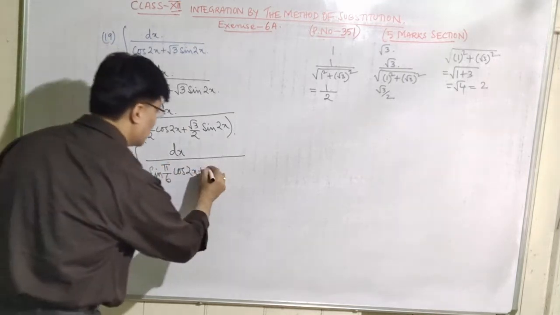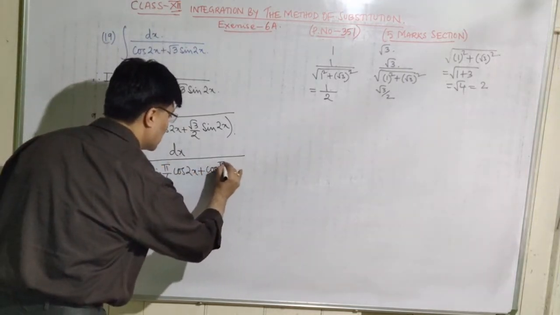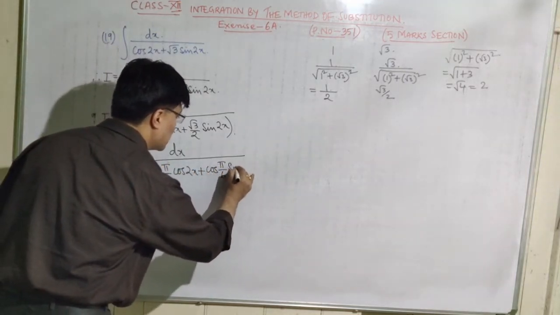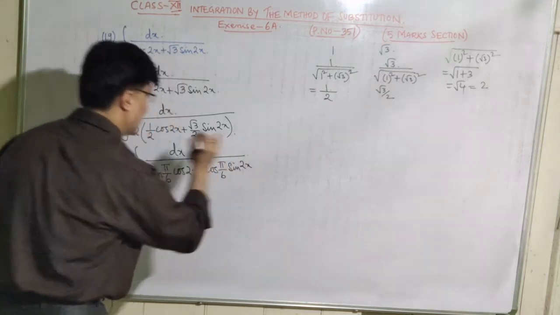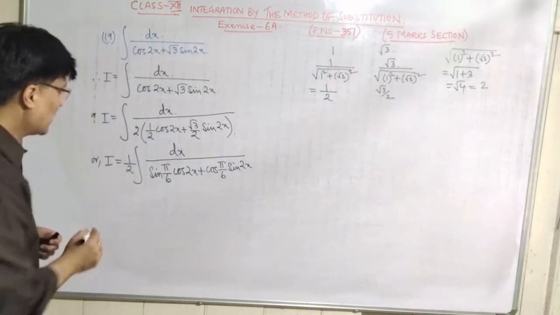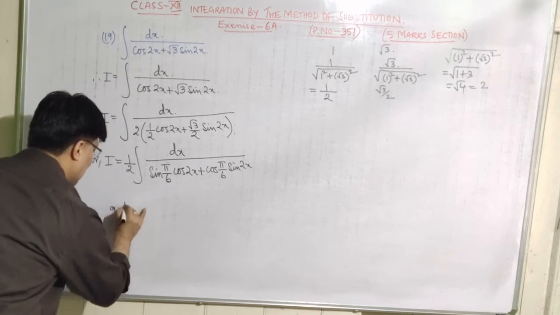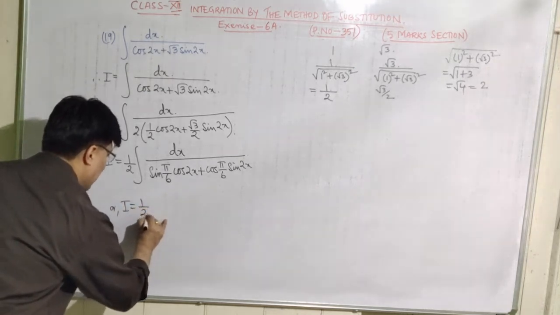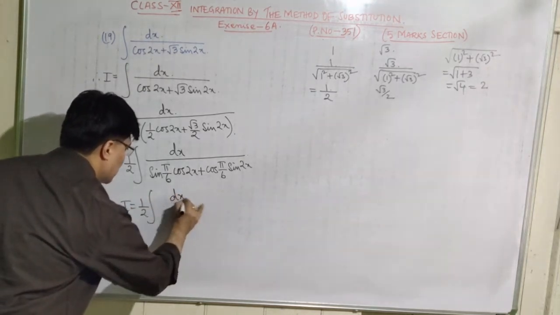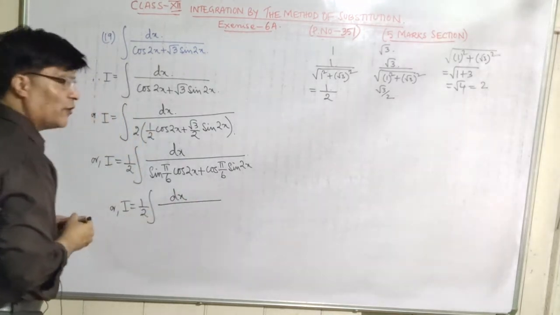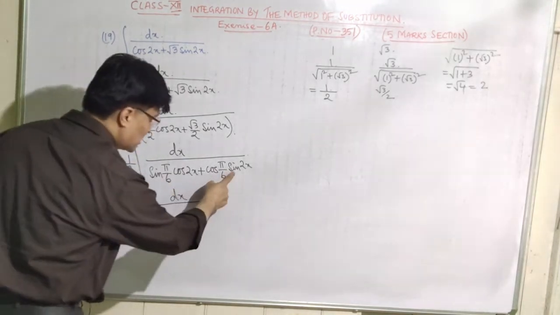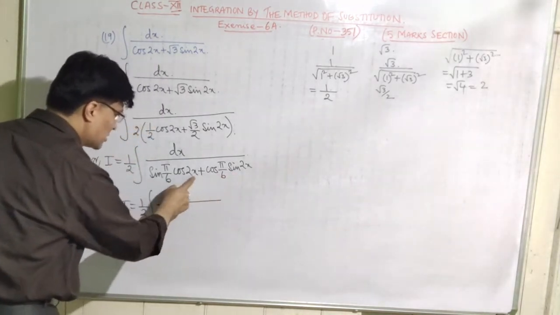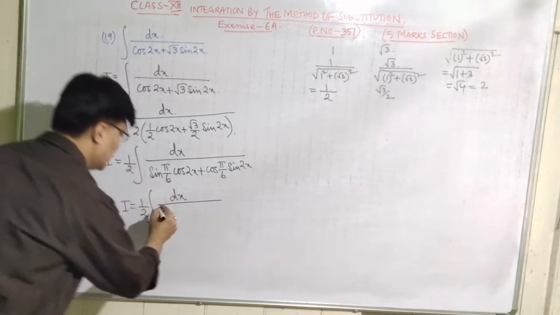Cos of which angle is root 3 by 2? Cos 30 degrees, that is pi by 6. So it is sin 2x. So I is equal to half integration of dx divided by, what is the formula in this case? This is sin a cos b plus cos a sin b. What is the formula?